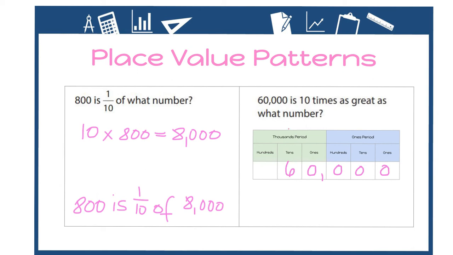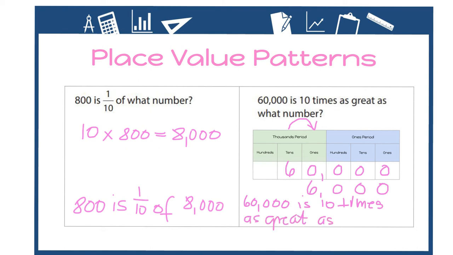So to get the number smaller, I have to move one place value to the right to get the number 10 times smaller. So my number would be 6,000. So I can say that 60,000 is 10 times as great as 6,000.